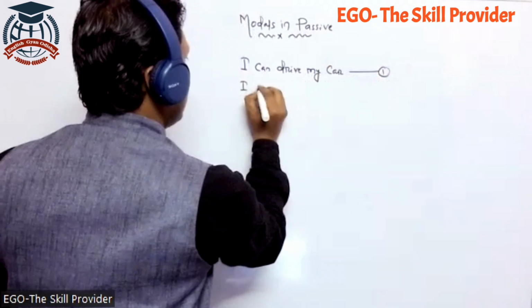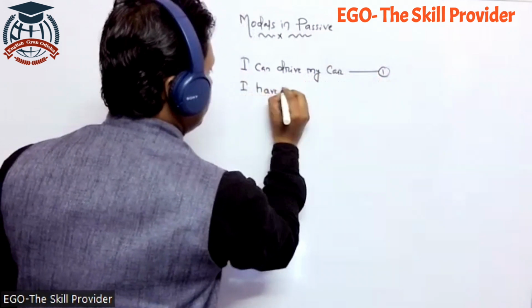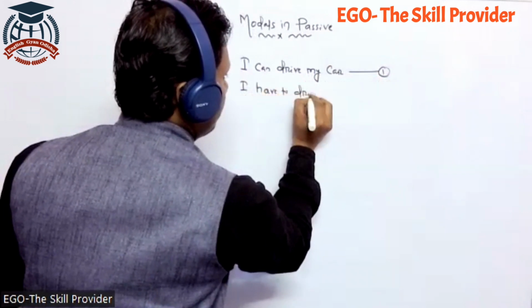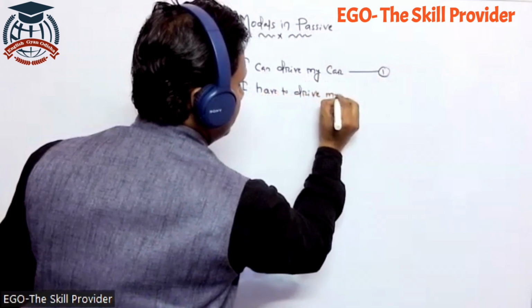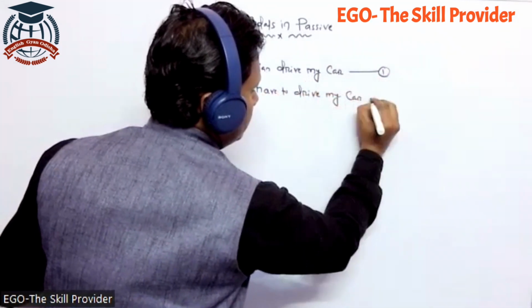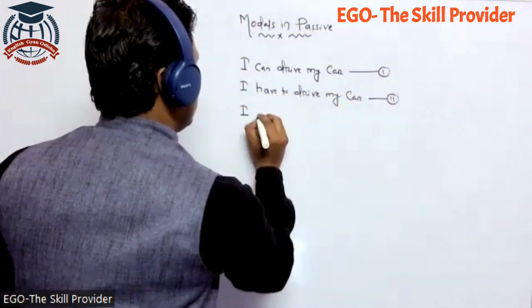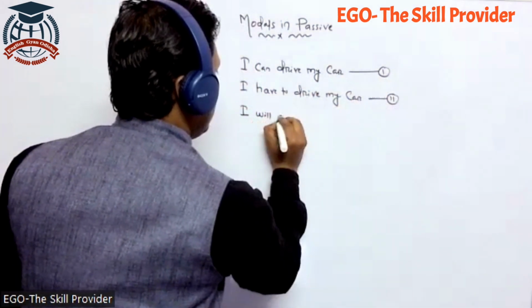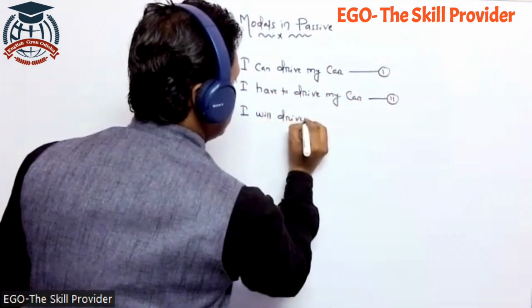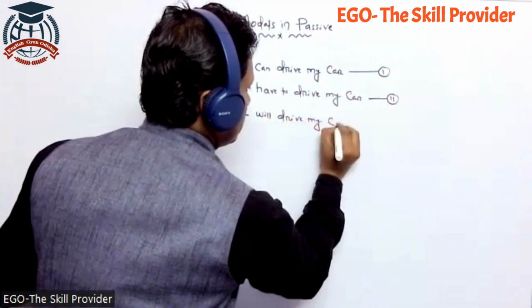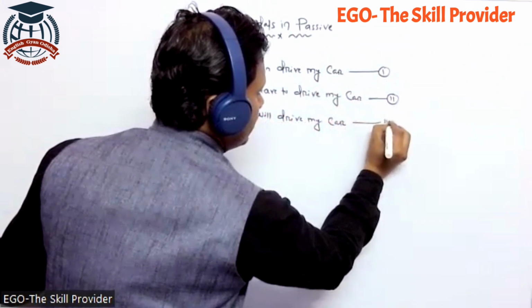The second thing is that I have to drive my car. This is the second sentence. I will drive my car. This is the third sentence.